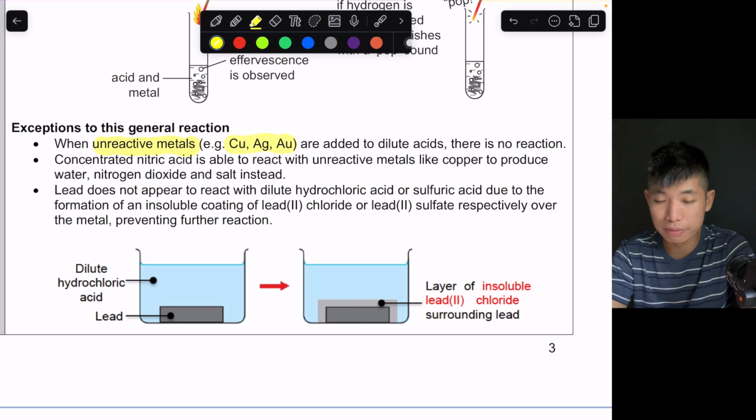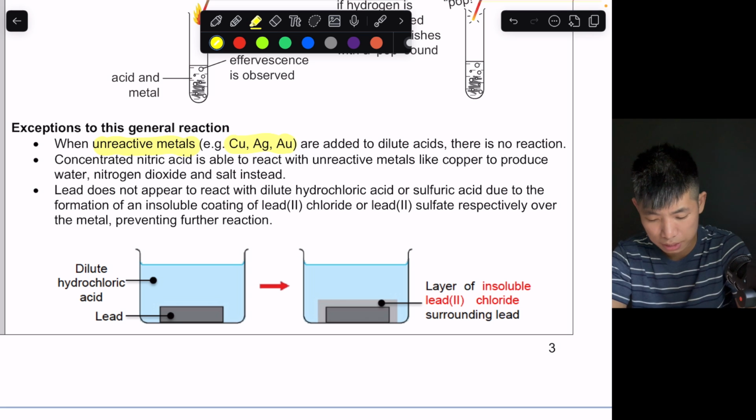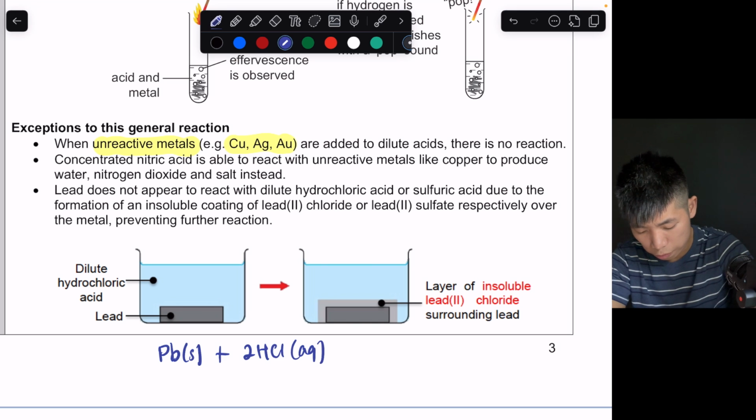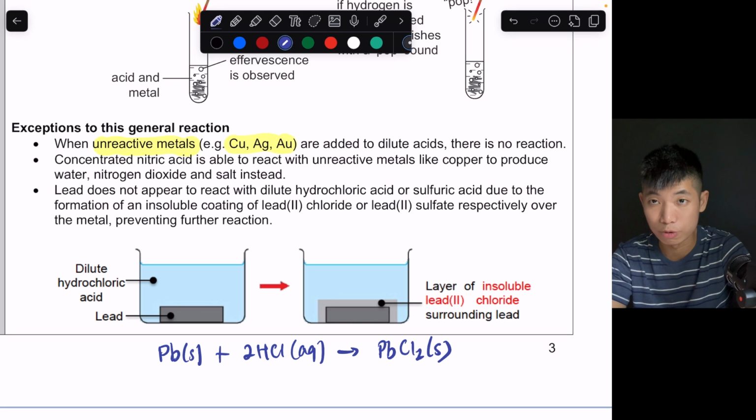For students taking pure chemistry, we also understand this concept known as the insoluble coating, which we'll talk about quite a bit when we go to the chapter on salt preparation. If we look at lead, when lead reacts with acid, again you form a salt. This time it is lead(II) chloride. But if you remember our solubility table, lead(II) chloride is an insoluble salt.